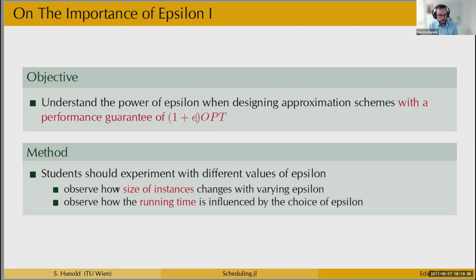It usually modifies the instance in some way or the other. It makes large instances smaller and so on, making sure that we still get to this performance guarantee. So students should now experiment with this p-tasks and try to see how modifying this epsilon actually changes these instances and get this feedback, and also how it then changes the running time.